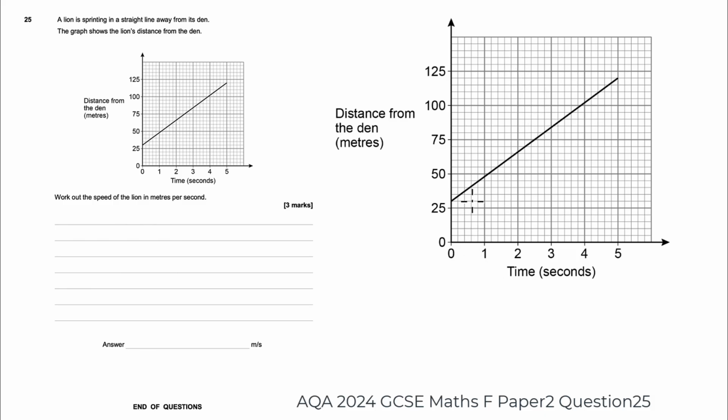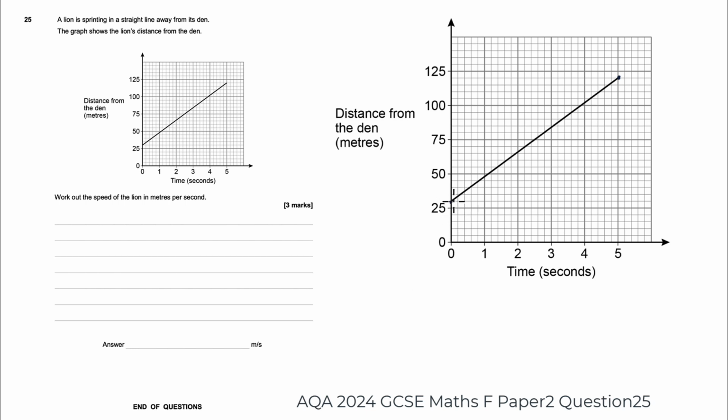So it's wise to use 2 points on this graph as far away as they possibly can be. Now, I would use this point here and this point here. And reading carefully on the graph, we certainly know that the time here is no seconds. That's as it starts, hasn't run any distance.